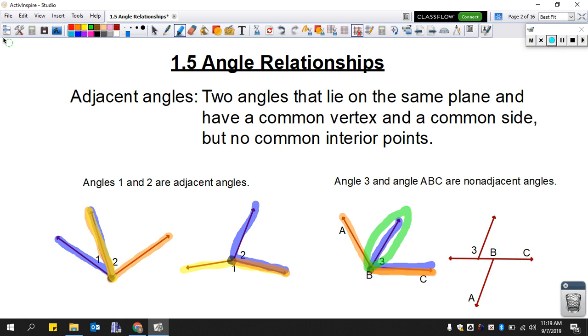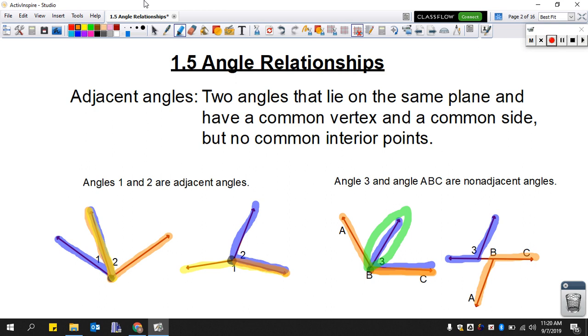All right. On the far right one here, we have angle 3 is here. Angle ABC is here.